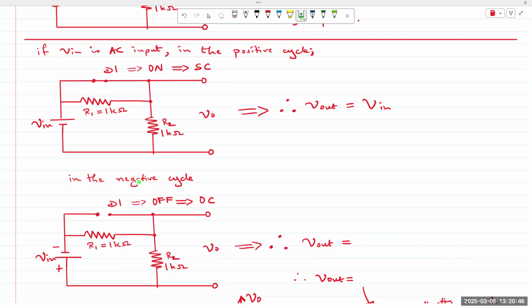If diode D1 is off, it is replaced with an open circuit, and now R1 is in the circuit. And now, as you stated earlier, what do we have? Jake? Absolutely. A voltage divider circuit.